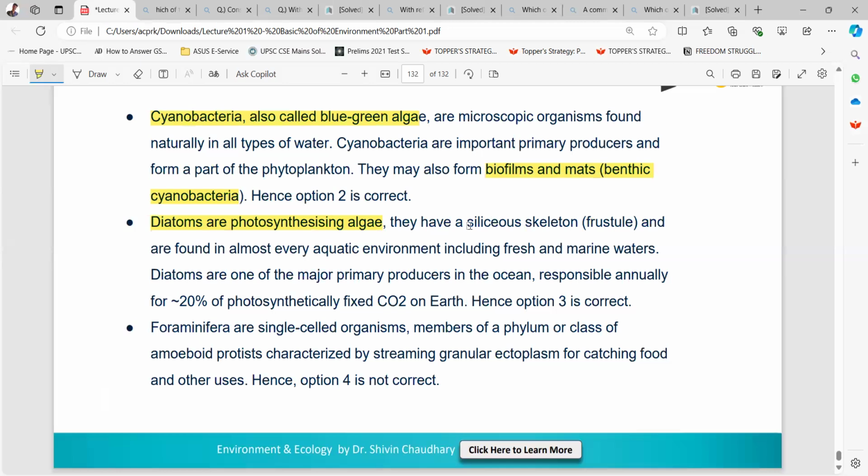They have a siliceous skeleton, the frustule, and are found in almost all aquatic environments, including fresh and marine waters. Diatoms are one of the major primary producers in the ocean, responsible annually for 20% of photosynthetically fixed CO2 on Earth.